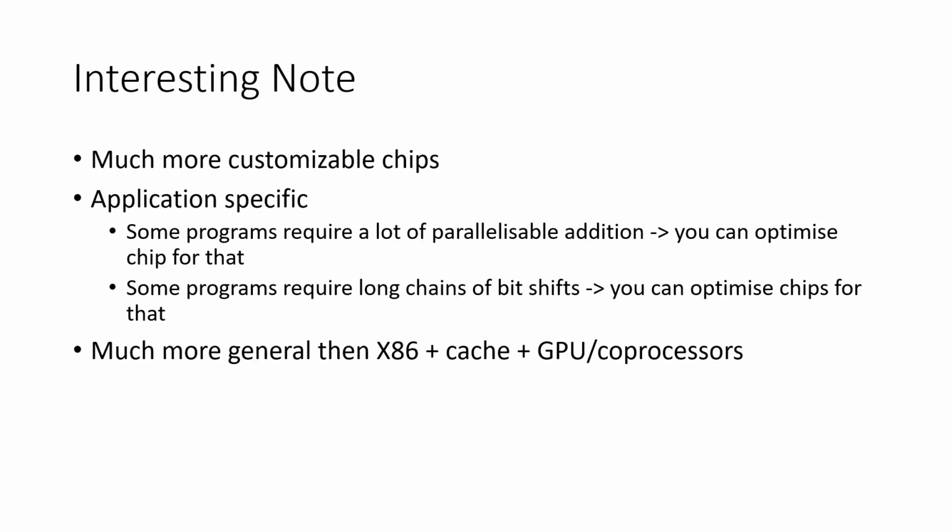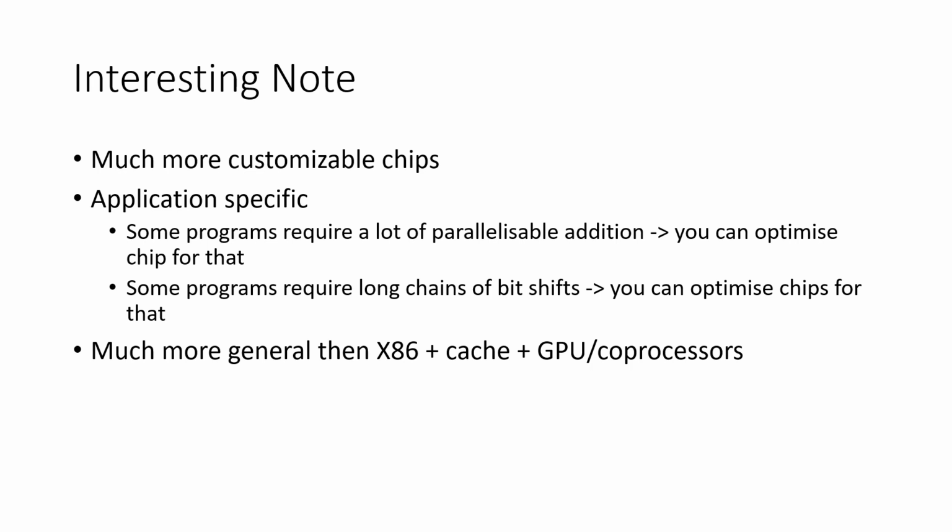So the most interesting thing about this, and it's something I wonder about a lot, is that it's a much more customizable chip. Modern CPUs are pretty much just focused on speed, on instructions per second. And I find that quite odd, because I feel like there's a very different workload to a Photoshop workload, to a gaming workload, to a video encoding workload, and different chips have different speeds, etc. I'm aware of that, but they're a lot more correlated than I thought they would be.